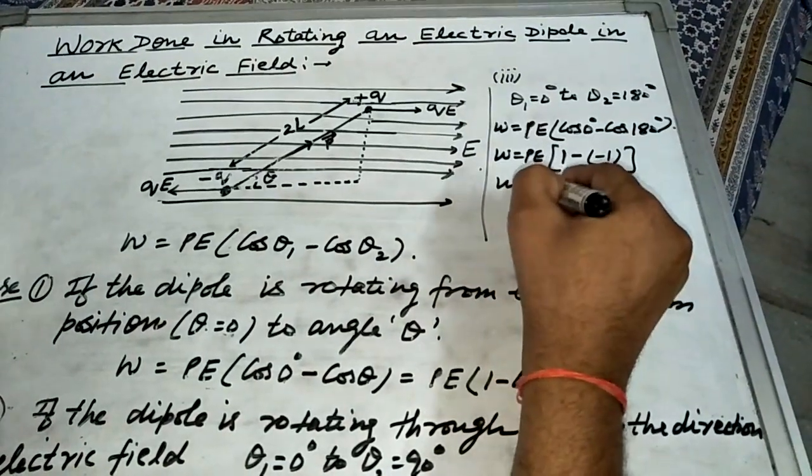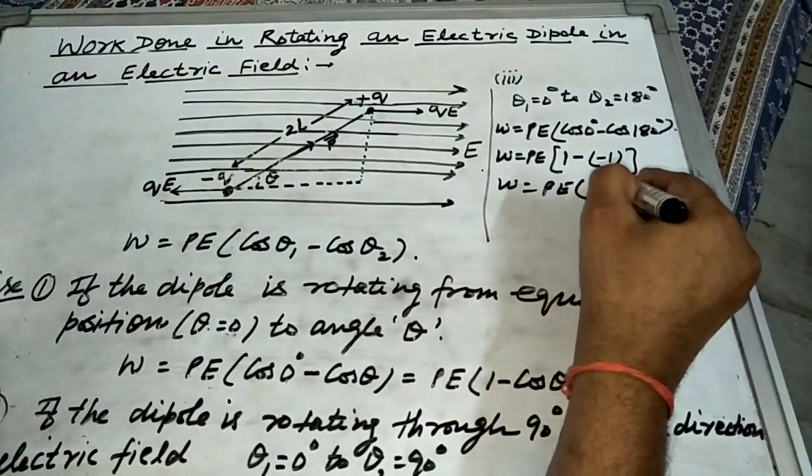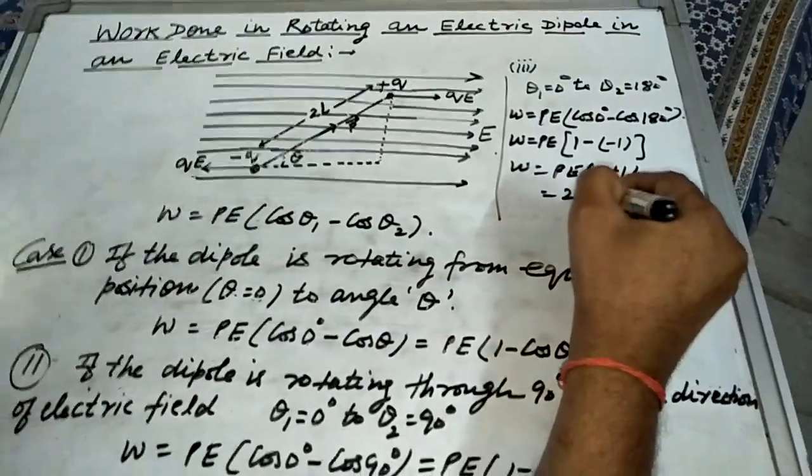Finally you will get W = pE (1 + 1) = 2pE.